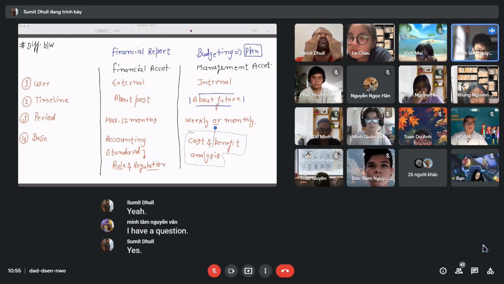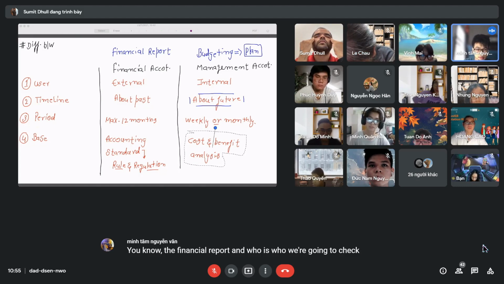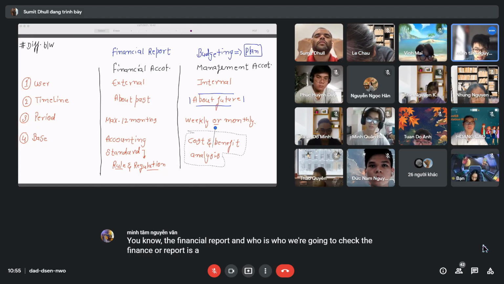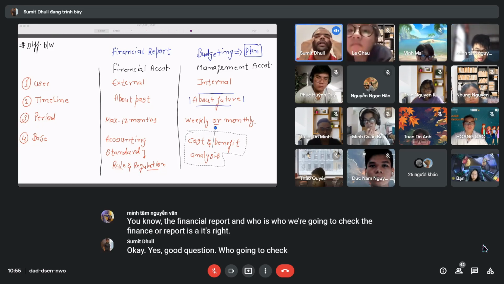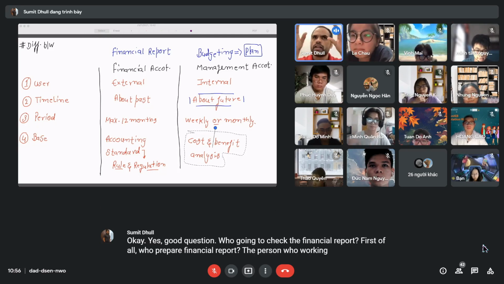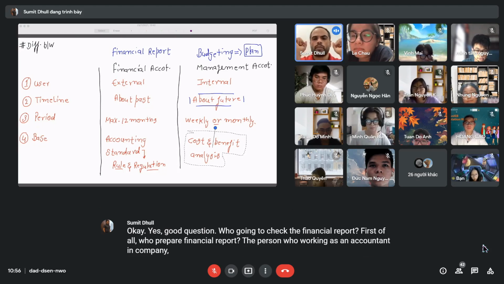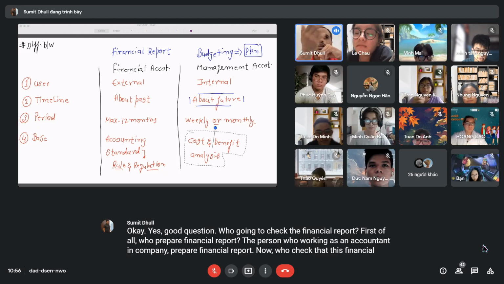You know the financial report, and who is going to check the financial report? Good question. Who is going to check the financial report? First of all, who prepares the financial report? The person who works as an accountant in the company prepares the financial report. Now, who checks that this financial report is good or not good in a company?